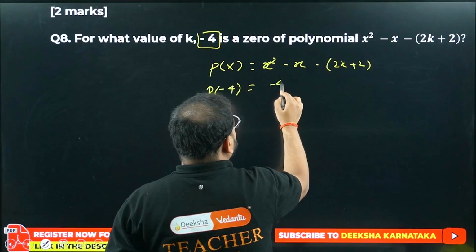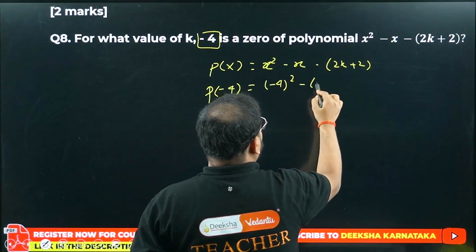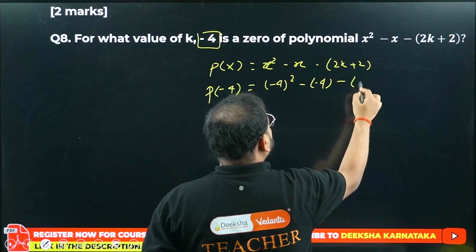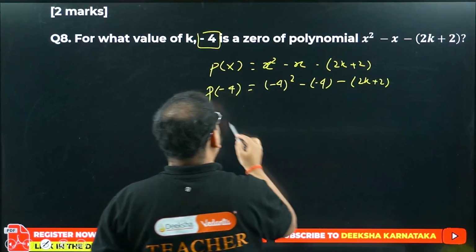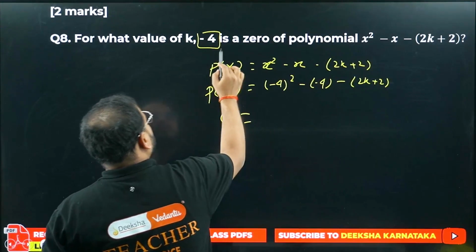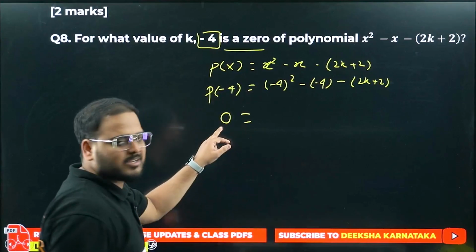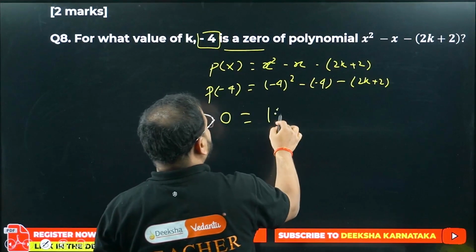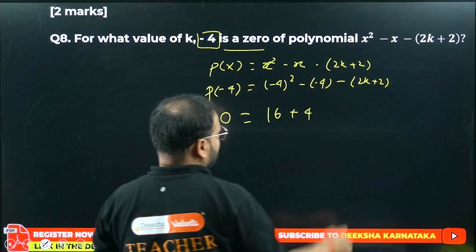This will become (−4)² − (−4) − 2k + 2, and this will become simply 0, because −4 is a zero. So p(−4) will be 0.